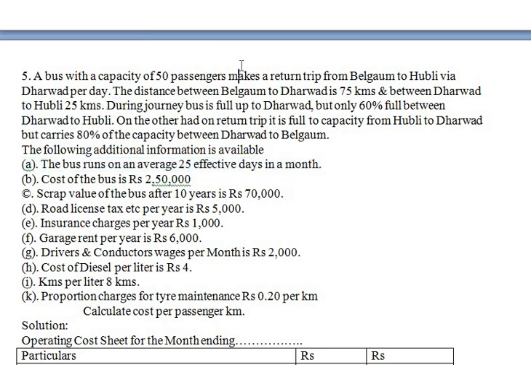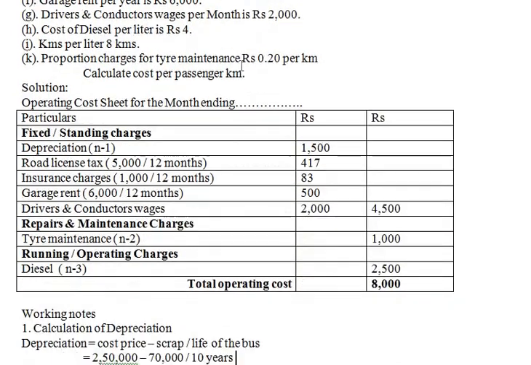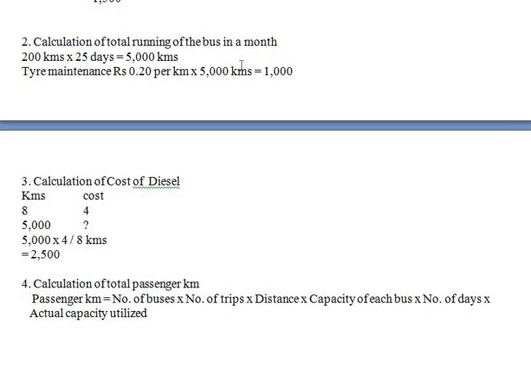While going, 75 kilometers from Belgaum to Dharwad, and from Dharwad to Hubli it is 25 kilometers. Returning, Hubli to Dharwad is 25 kilometers and Dharwad to Belgaum is 75 kilometers. Only capacity used will change, so we need to find out 4 times and add all those.